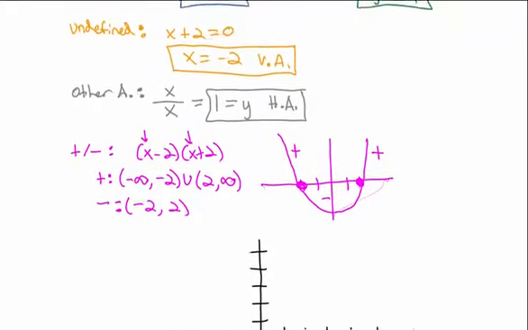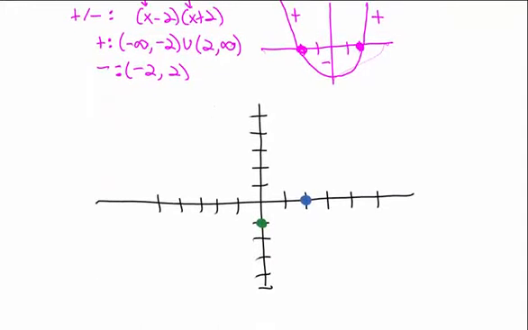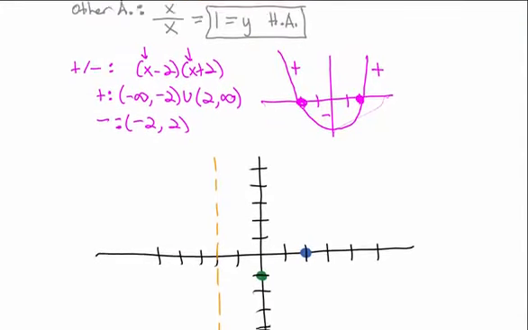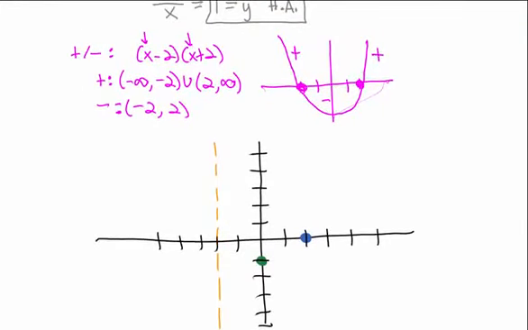The undefined point is x equals negative 2. So at x equals negative 2, that was a vertical asymptote. Our other asymptote was at y equals 1. So when y is 1, there's our horizontal asymptote.